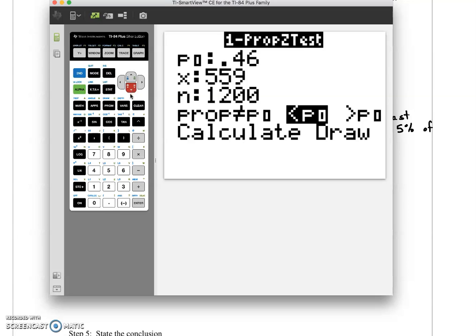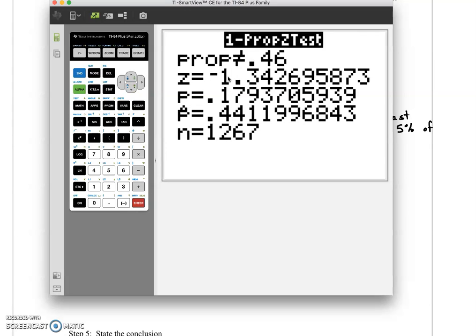And the sample size this time was 1,267. We said our H1 was not equal, so we need to pick the not equal option. Then we just go to calculate. Remember, Z is the test statistic and P is the p-value.